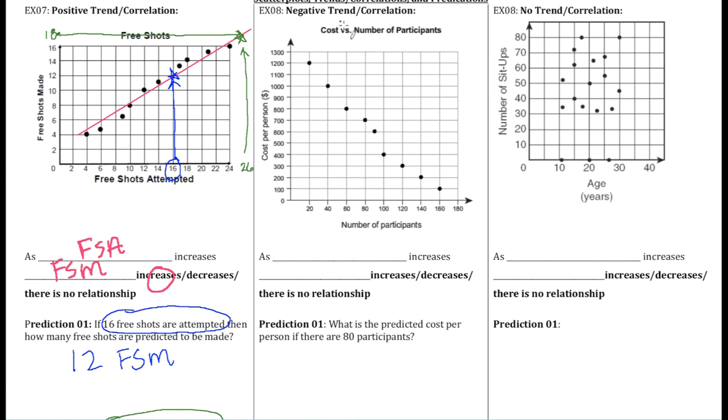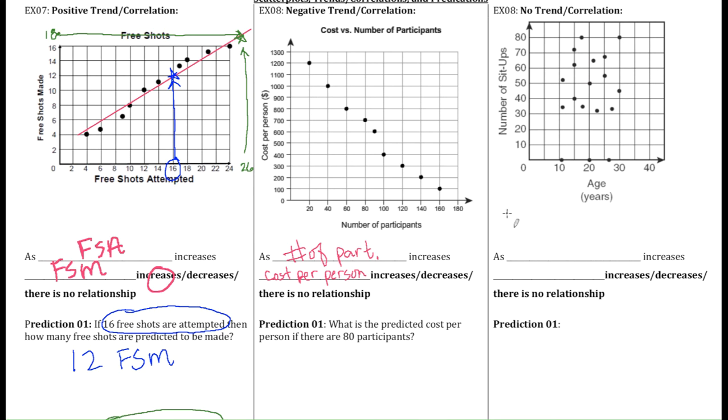All right, this is called a negative trend because as x increases, y decreases. You can sort of see that, right? So let's go back to this color. As the number of participants increases, the cost per person decreases.